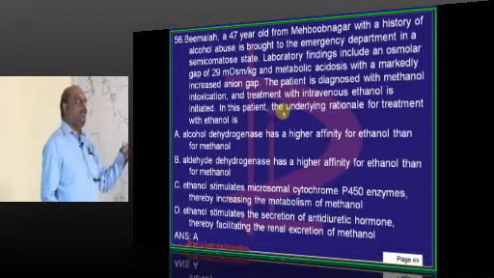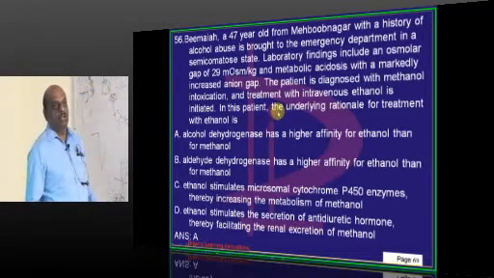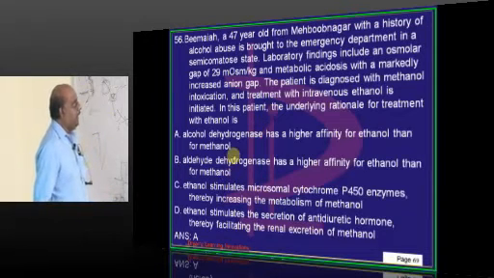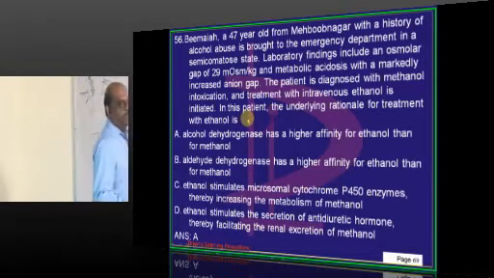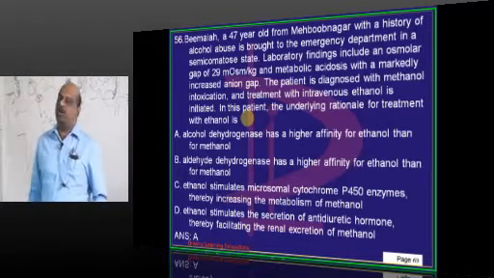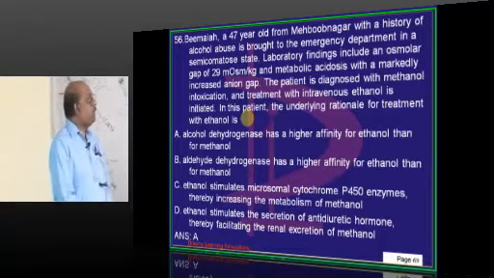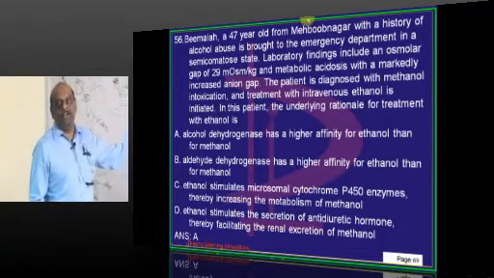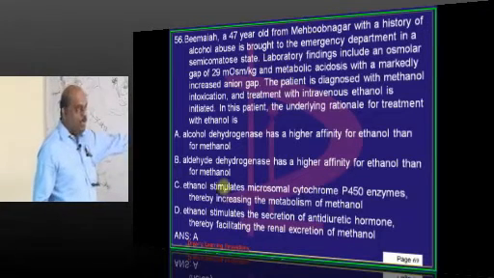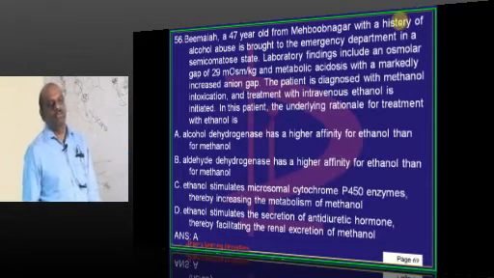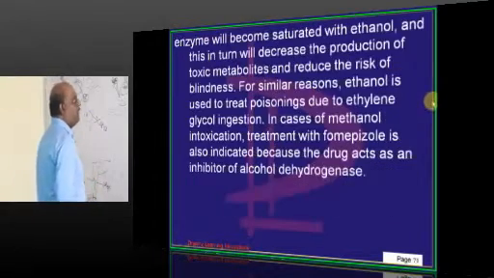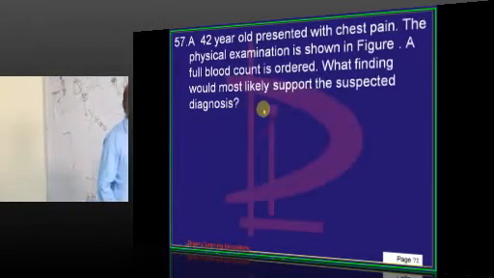Fundamentally, methanol, whenever it gets oxidized by alcohol dehydrogenase, converts into formaldehyde, which is responsible for the optic neuritis and toxicity. So you give ethanol, which has higher affinity for alcohol dehydrogenase and prevents methanol from being metabolized. So that is the whole idea behind giving ethanol as an antidote of methanol, which needs to be remembered.